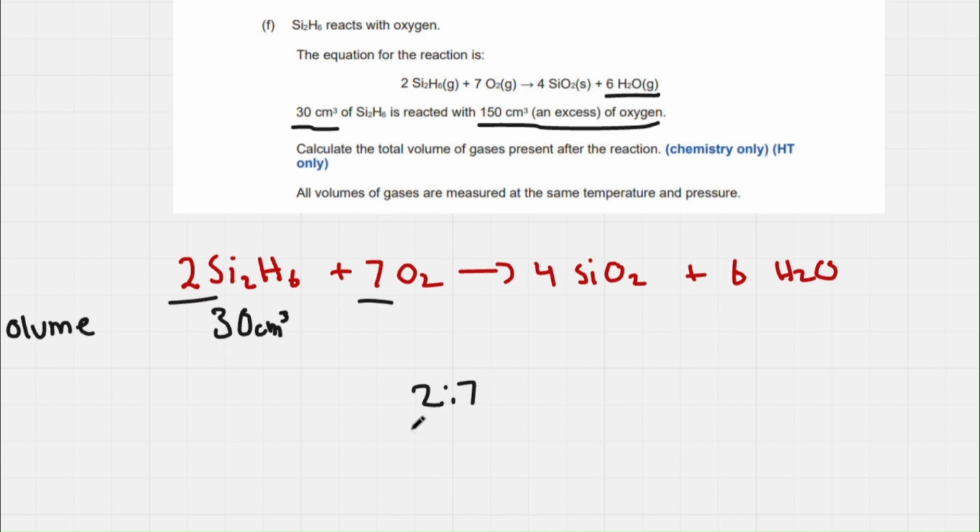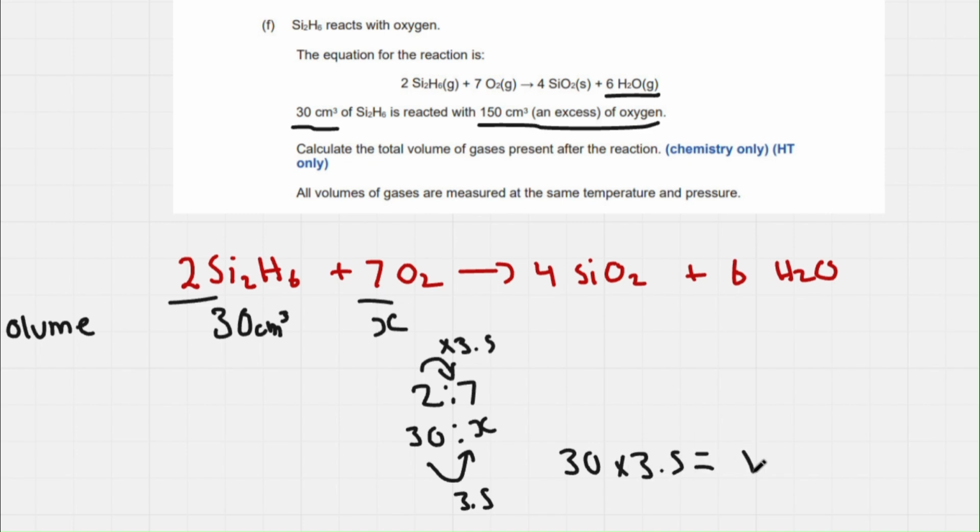And at the bottom, we have 30, and we don't have anything for oxygen, which is what we're trying to find out. So to get from 2 to 7, you times by 3.5. The same thing to find out what x is: times 30 by 3.5, and that gives us 105 cm³. So that is the volume of oxygen that is used in the reaction.